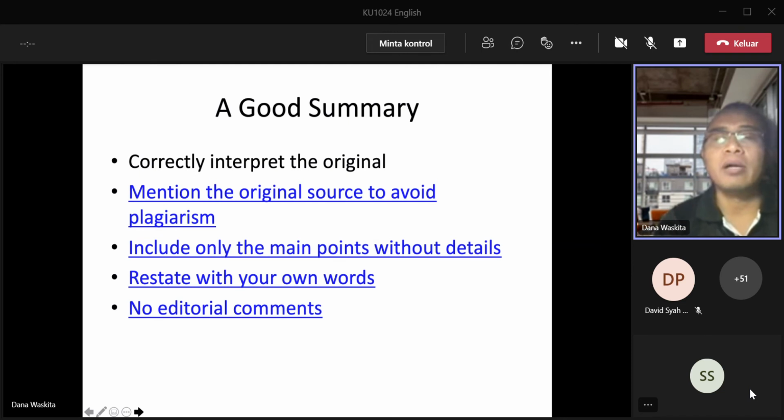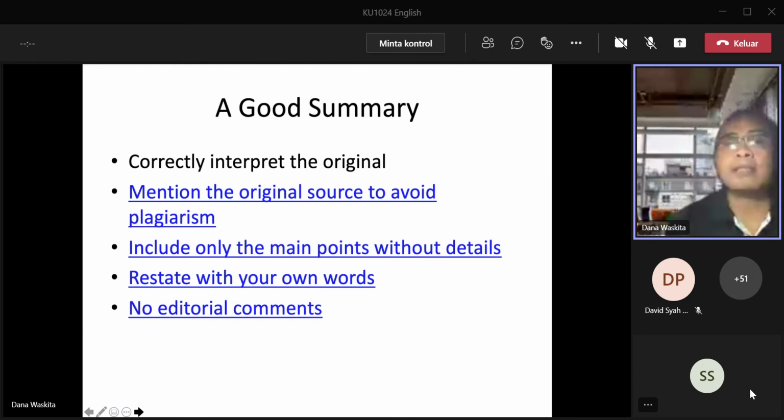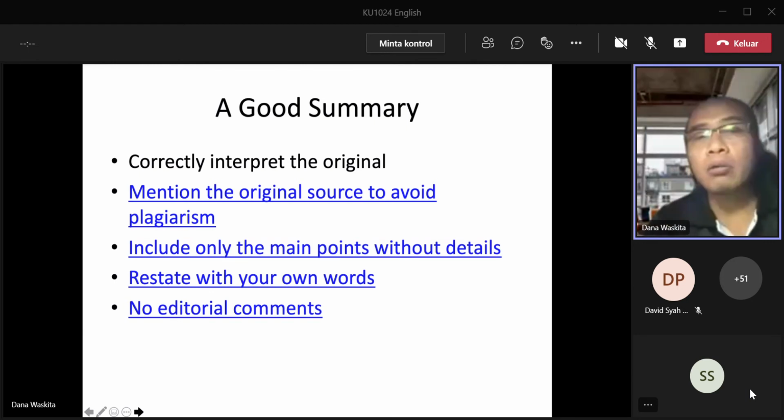Yeah, don't give any opinion that you agree or disagree with the author's idea. For example, don't give any assessment, yeah, like it is good or bad. Yeah, it is not allowed in making a summary.